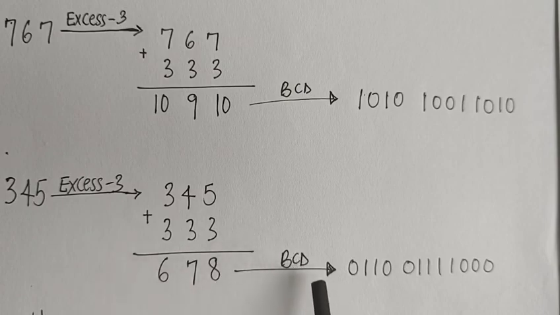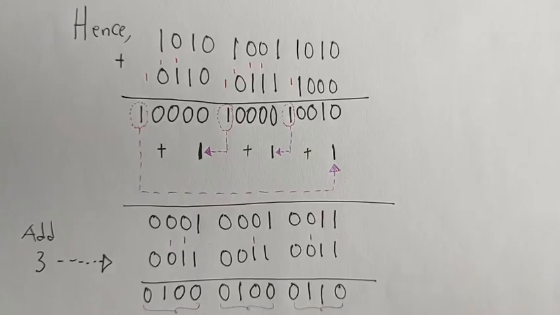Then we also need to take the BCD of this result, which is representing each digit with its corresponding 4 bits. So 6 is represented by 0110, 7 is represented by 0111, and 8 is represented by 1000. This gives us the BCD for 6, 7, 8.